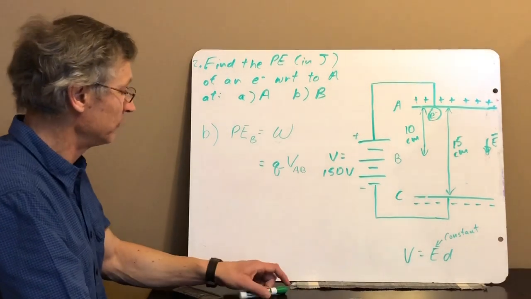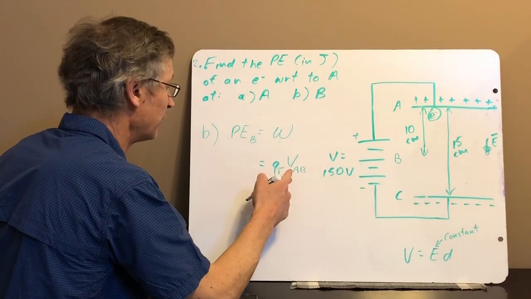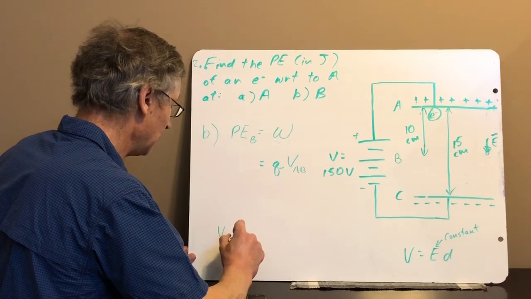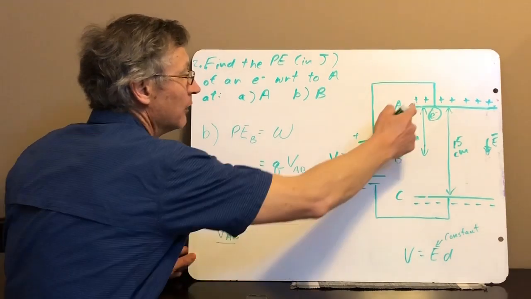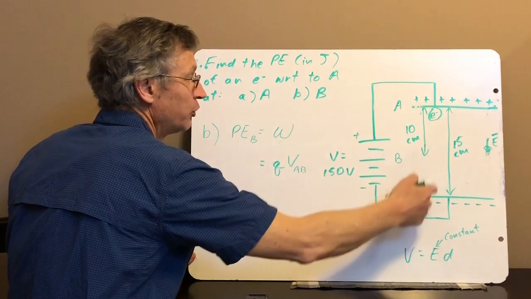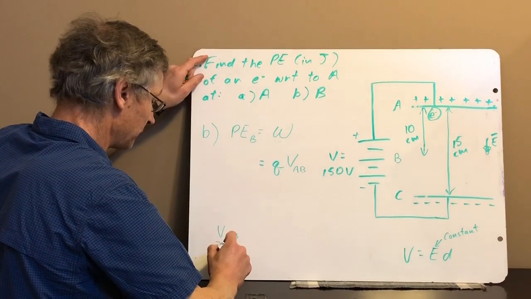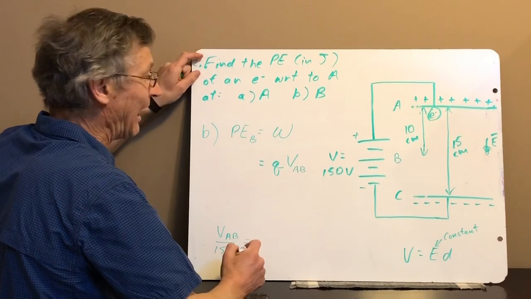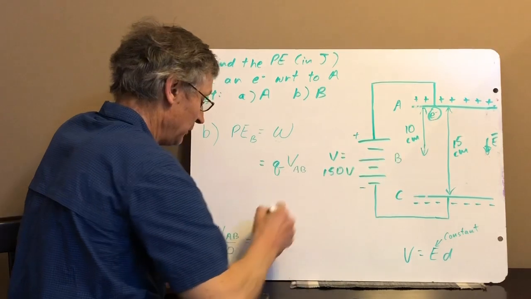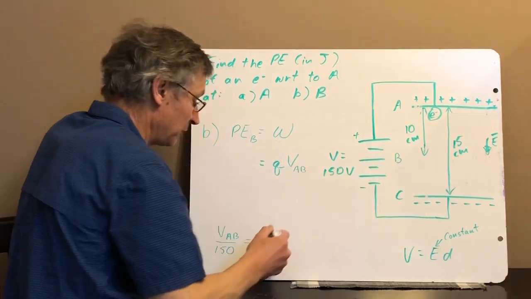So how about this? Remember, I'm trying to figure out VAB. I'm going to say the little voltage, VAB, the one I'm interested in, is to the big voltage, the 150 volts, as the little distance, 10 centimeters, is to the big distance, 15 centimeters.